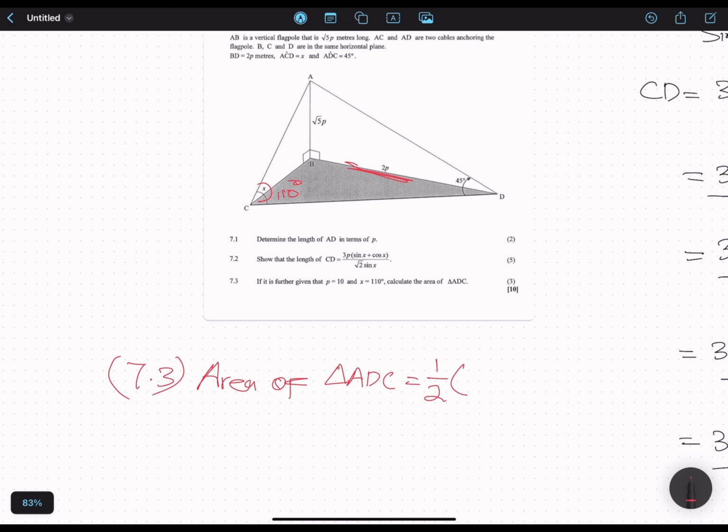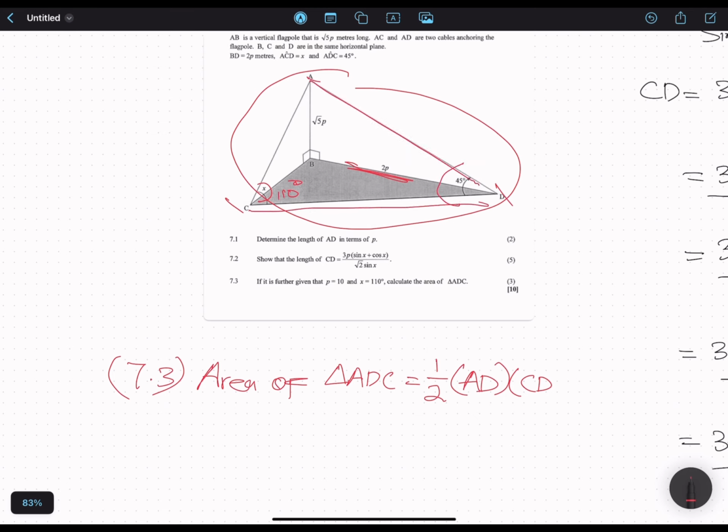Then one area of this triangle, of this whole triangle, ADC, it's given by half AD and CD. Since we have chosen AD and CD, that means we must use this angle, sine ADC, which is going to be half.